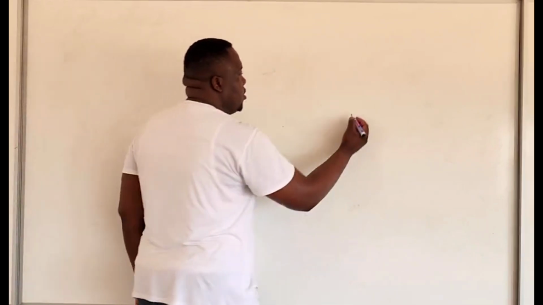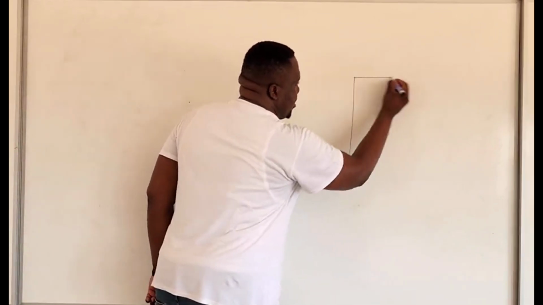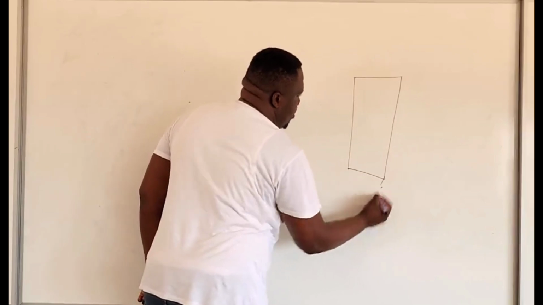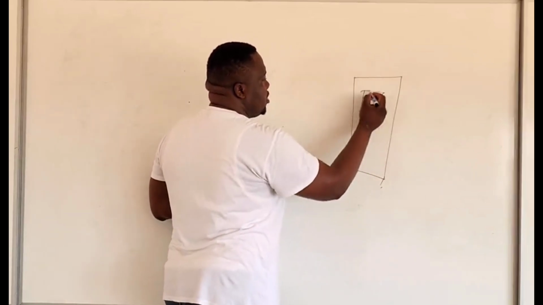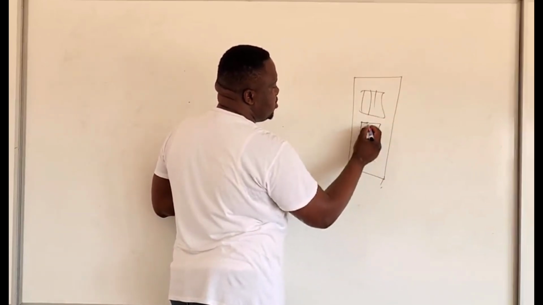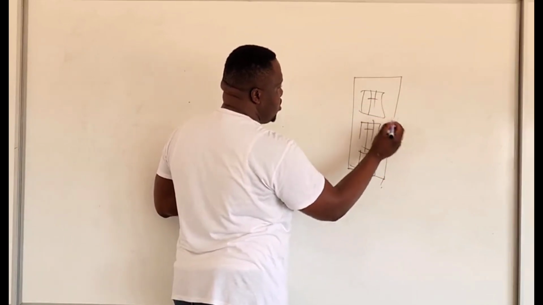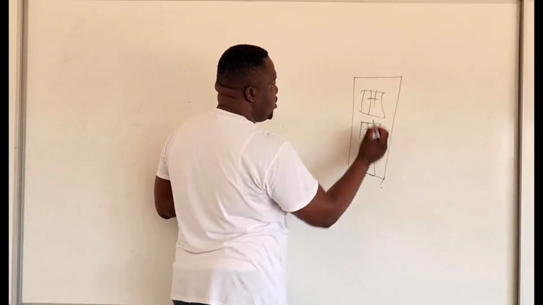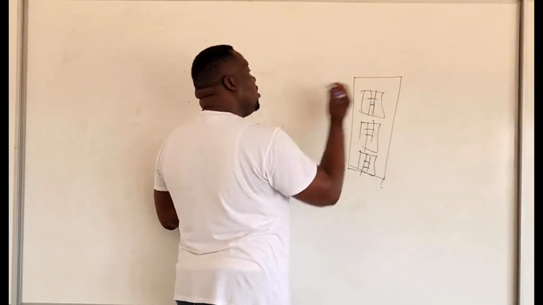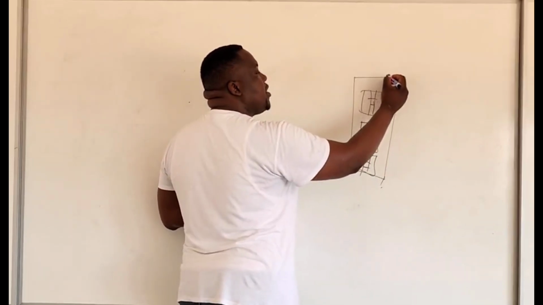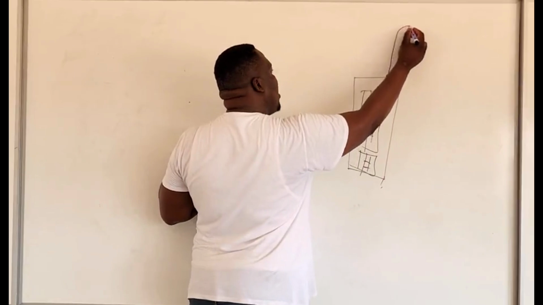Here it is. A person is standing at the top of a building. This is a building, a very nice triple story. Okay, these are windows. Then the person is standing here. Then the person projects an object up.